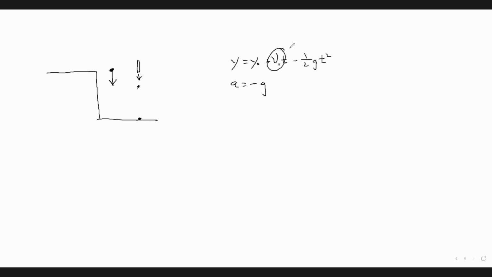The rate of change of its velocity is the same, even though it started out with some initial velocity. But acceleration is the same for the two. I'm saying it over and over again, but it's an important thing to understand.